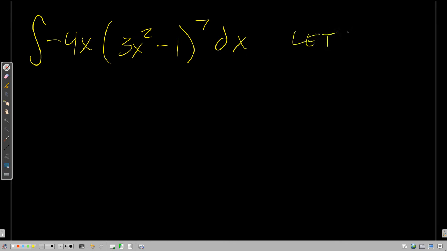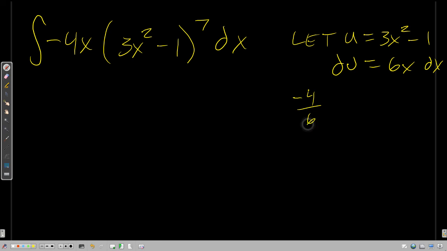So let u be the 3x squared minus 1, then du is 6x dx. I wish it said minus 4x dx. I could make that happen just by multiplying by minus 4 over 6 on both sides.